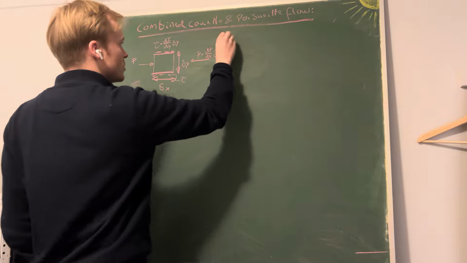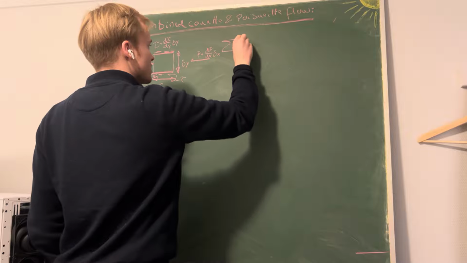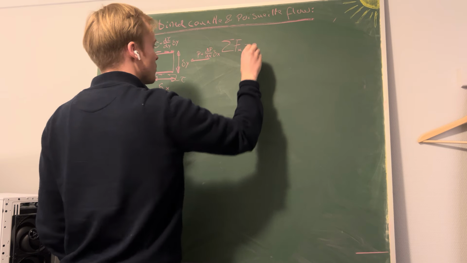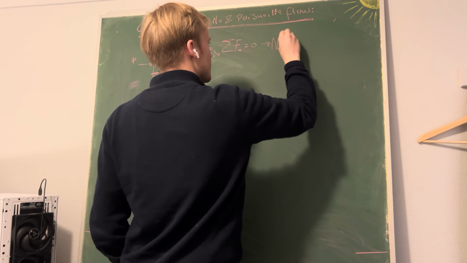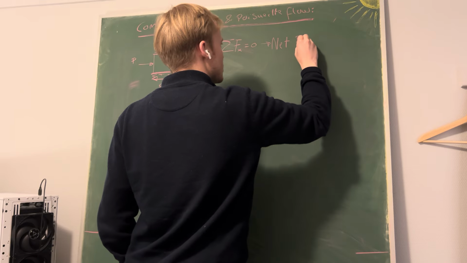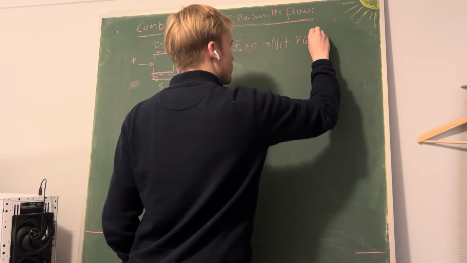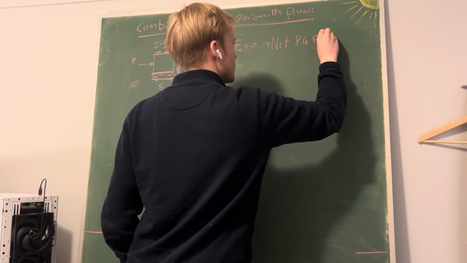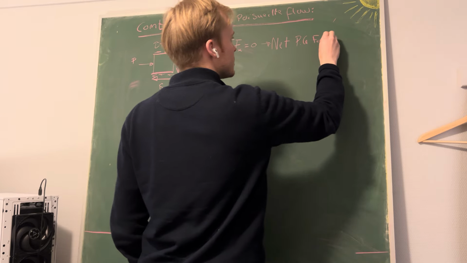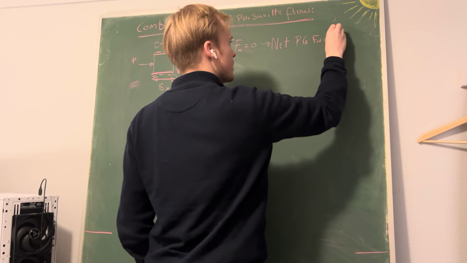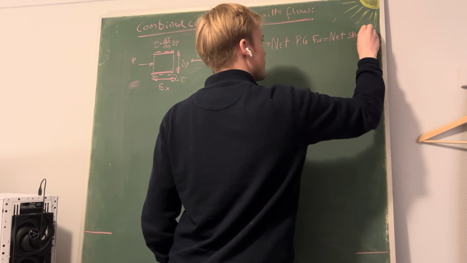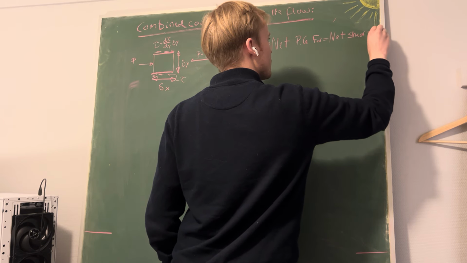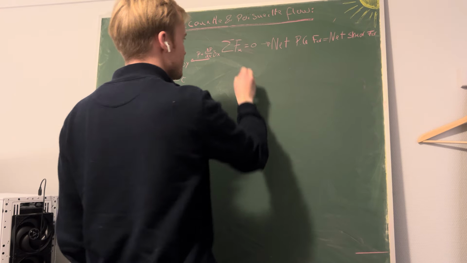And then when we did the sum of the forces in the x direction should be 0, we get that the net pressure gradient forces should be equal to the net shear forces, right?